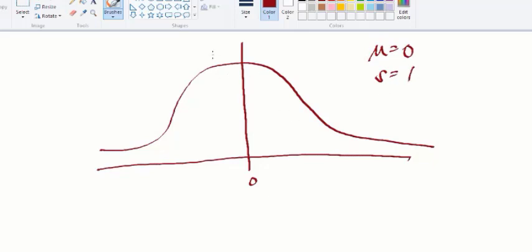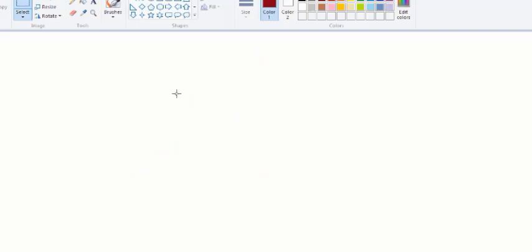So, whatever the z-score is, for example, let's say negative 1.2, it is the measure of how far this distance is from the mean, remember this is the mean, to that point, whatever that given x is. That is what a z-score means.